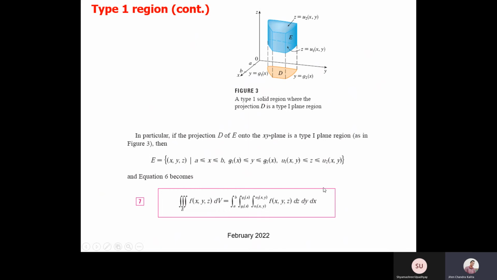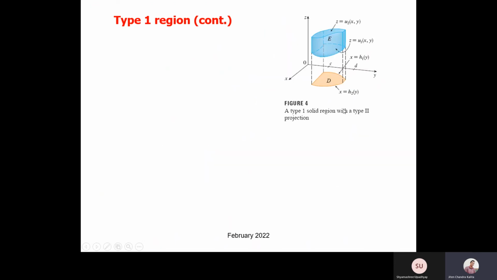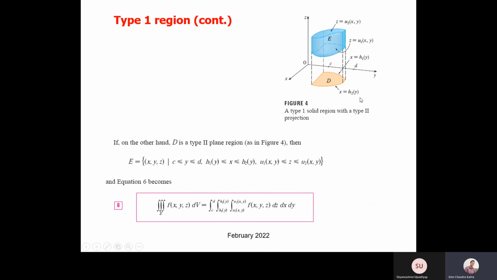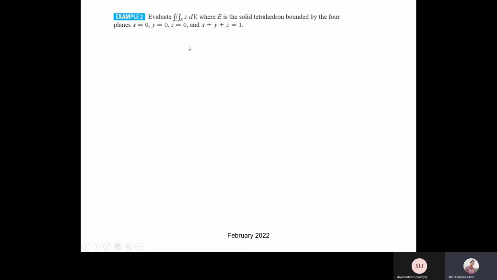Then my order of integration is going to be dz, dy, dx. On the other hand, if this region D is of type 2 in 2D, then the order of integration will be dz, dx, dy. You know that, right? This scenario is going to look something like this. Now let us work out this example.